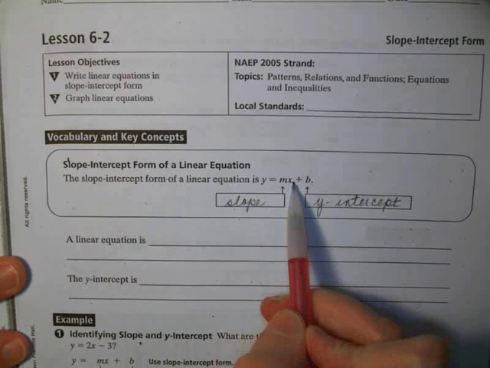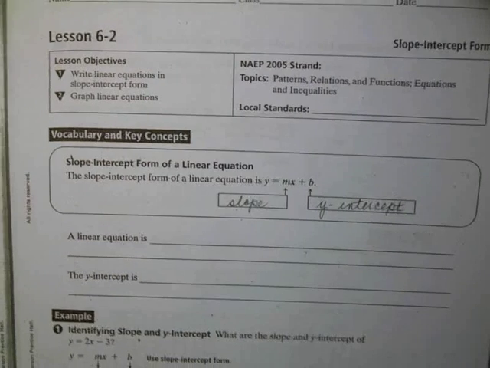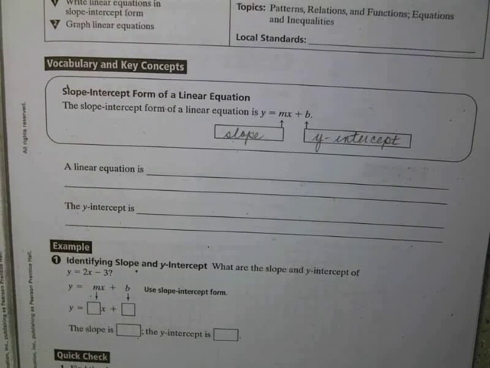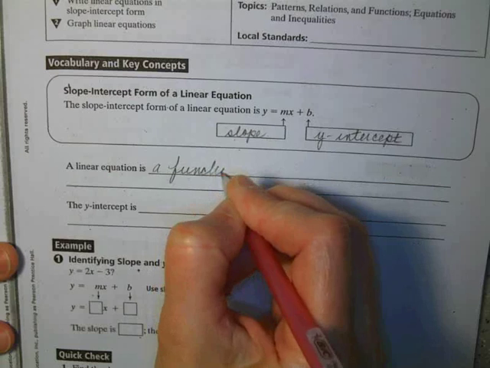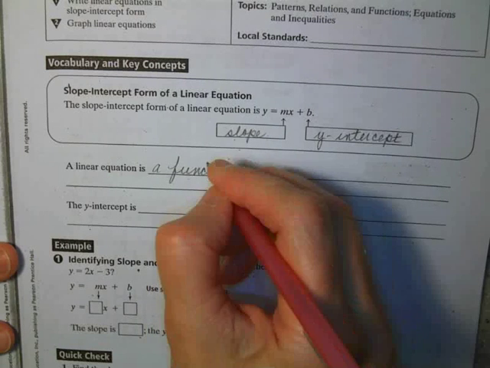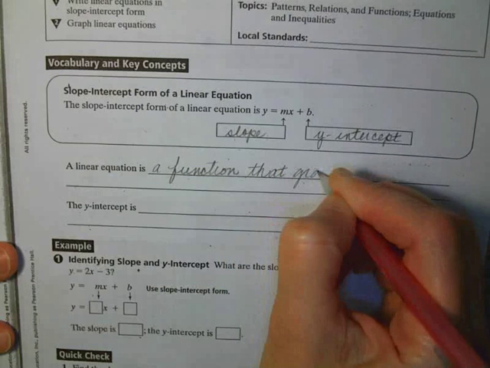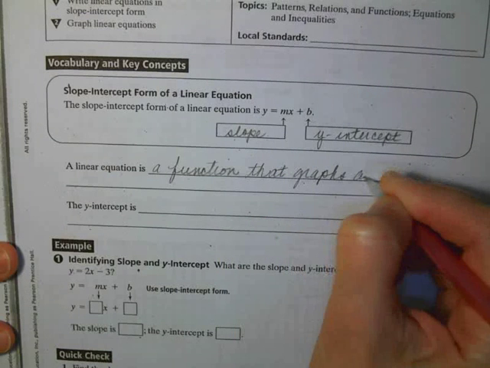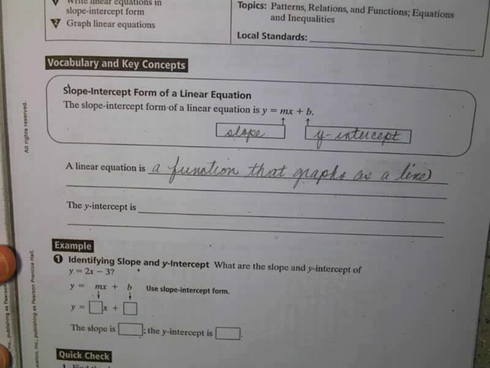The x and y here are any point that lies on that line. Okay? So if you're wondering what the x and y stand for, that would be ordered pairs. All right, a linear equation is a function that graphs as a line, hence linear. Okay.